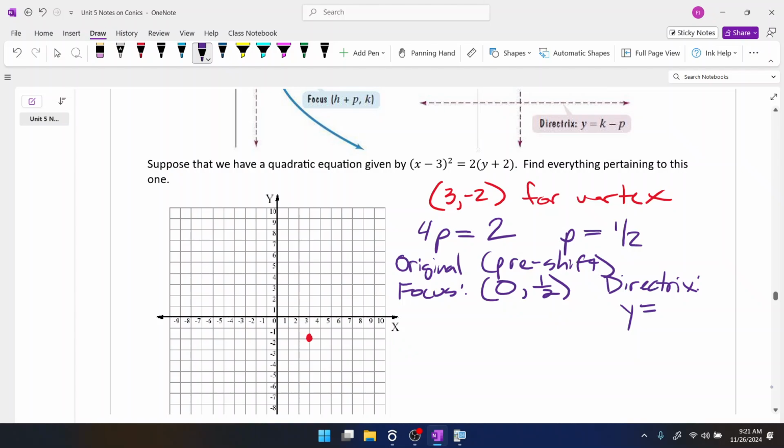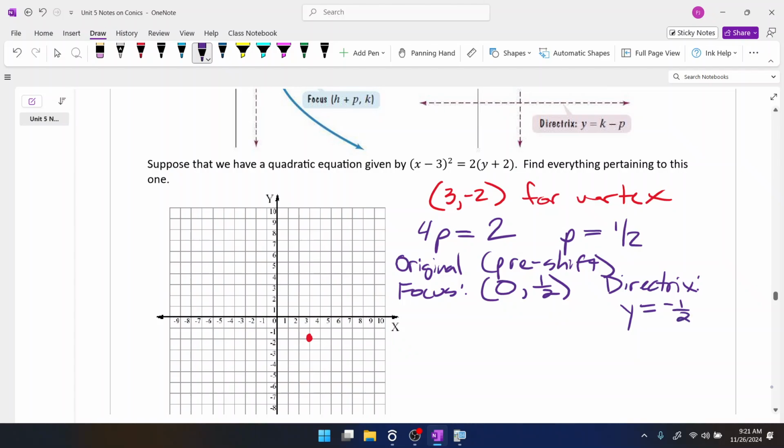It's right in front of you here. We're not transforming or shifting it yet. Remember, the focus and the directrix deal directly with the p value. So the y value for that directrix, positive or negative?